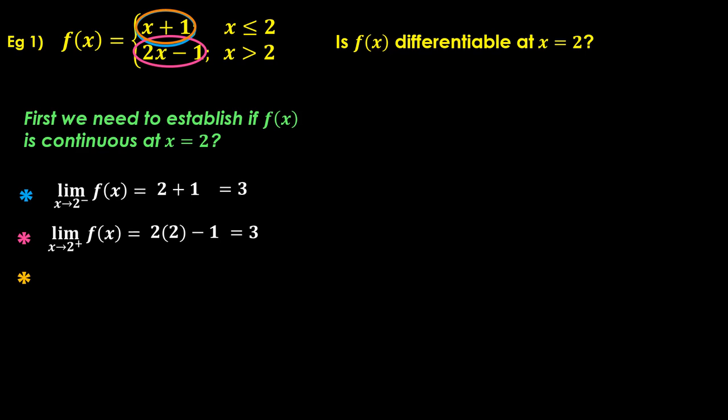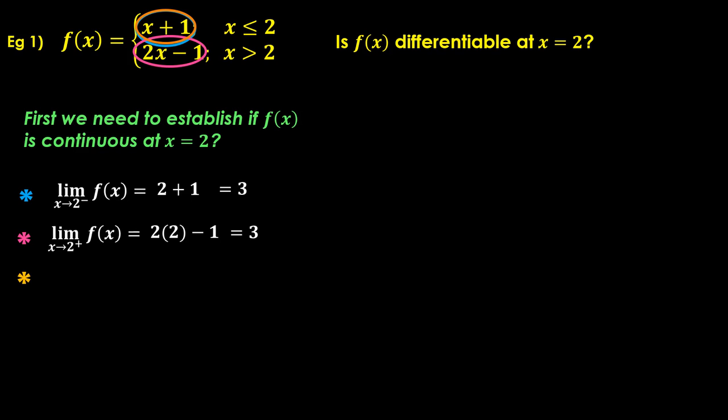So the limit exists. So we need to go on and establish what is the value of the function at the specific point. And that top equation is where x is smaller than or equal to 2. Now, even though we've used that equation before, that was to decide on the limit as we approached 2 from the left. Now we're using the exact same equation because x is smaller than or equal to 2 along that line.